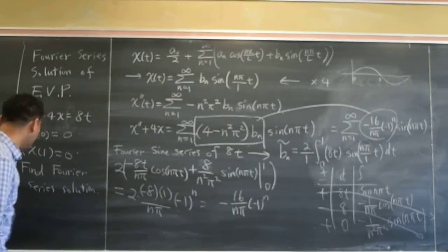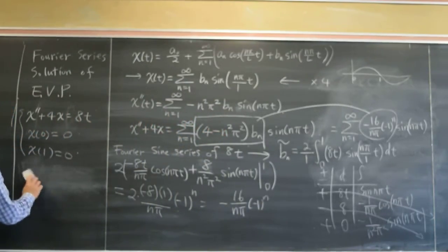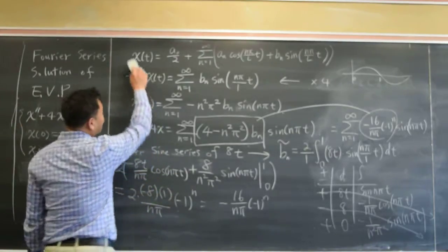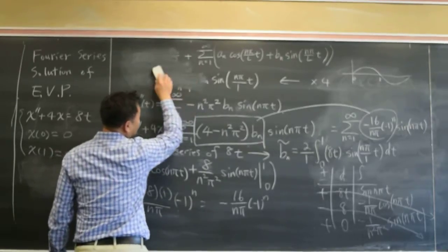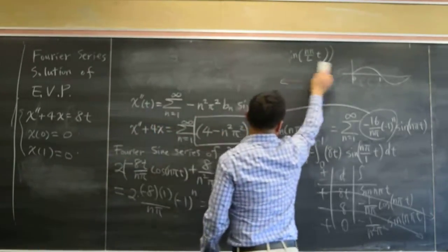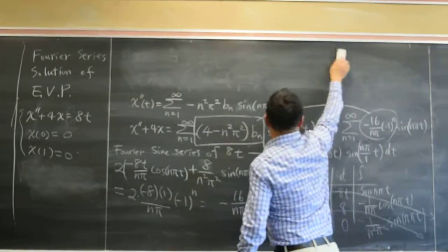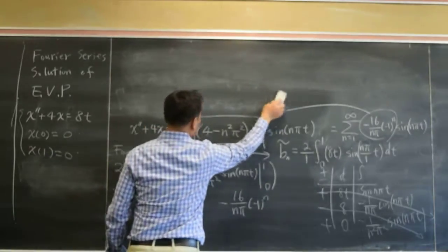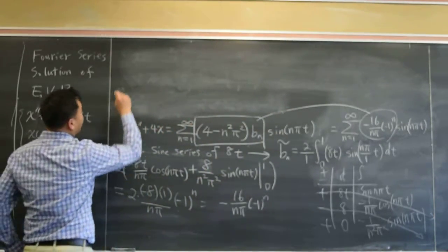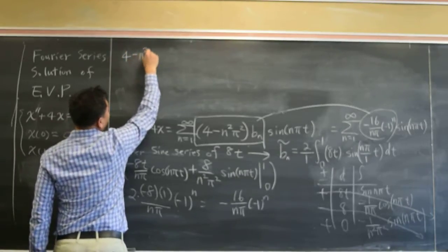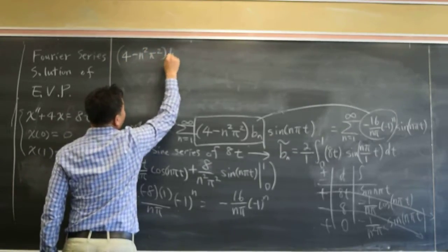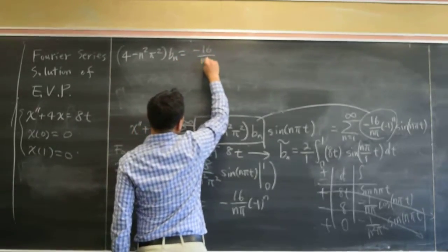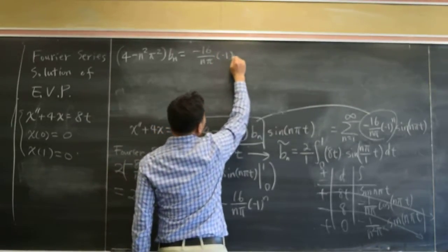Once you find the answer, okay, where should I erase? Let me erase the top and write down the answer. So I need 4 minus n squared pi squared times Bn equal to negative 16 over n pi, negative 1 to the nth power.